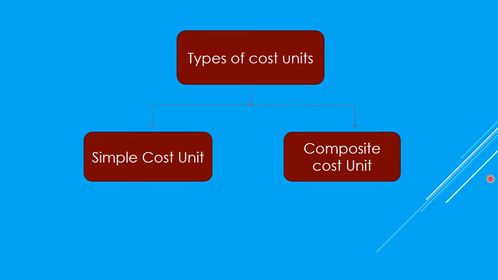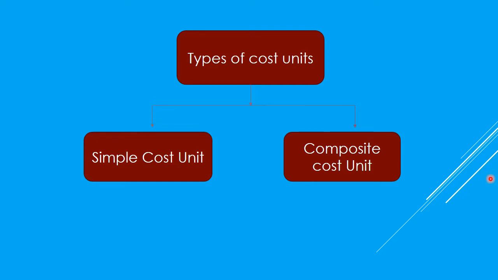Now let us see the types of cost units. Cost units can be a simple cost unit or a composite cost unit. In the examples we gave, for cement we took per ton or per bag, and for sugar also per ton or per bag.